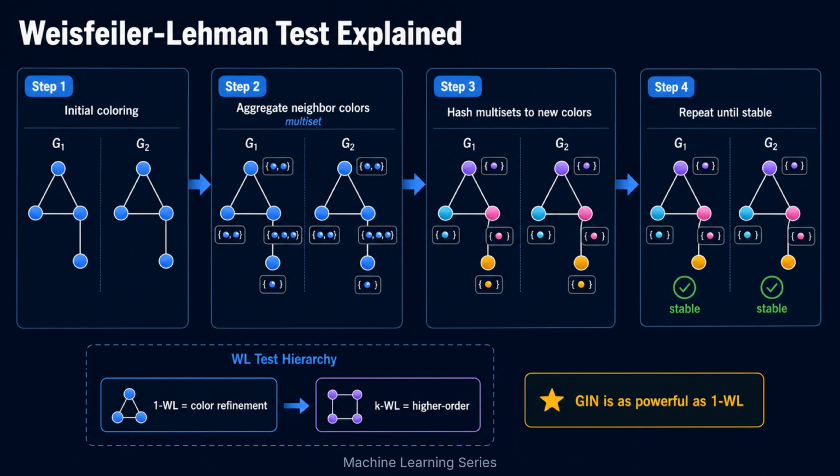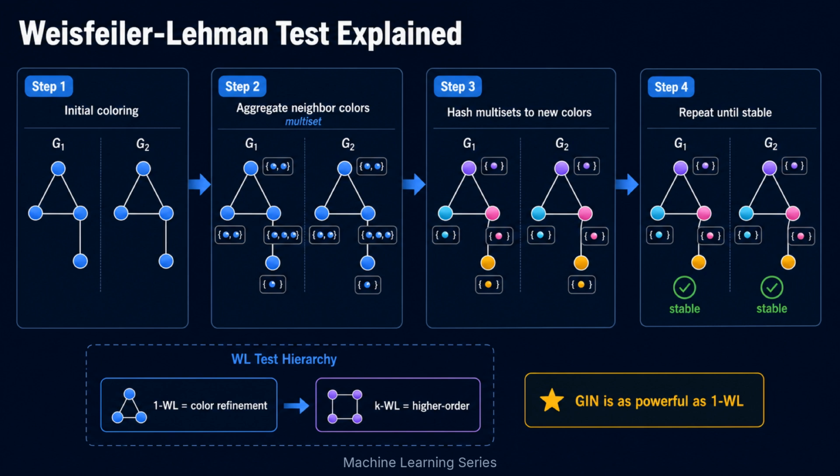The Weisfeiler-Lehman test is a classical algorithm for checking if 2 graphs might be isomorphic. It works through iterative color refinement. Start by giving all nodes the same color. In each iteration, update each node's color based on its current color and the multiset of its neighbors' colors. Hash this combined information to get a new color. Repeat until the coloring stabilizes. If the final color histograms differ, the graphs are definitely not isomorphic.